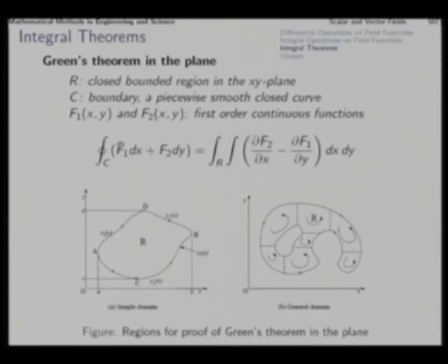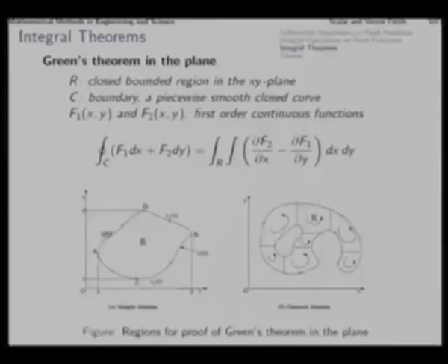Similarly, by dividing this curve into two parts, the left half and the right half, as x1 of y from here to here and x2 of y from here to here, you can establish the equality of this part with this part, that is, the first double integral from here is the same as the first line integral from this side, okay, the second line integral from this side.